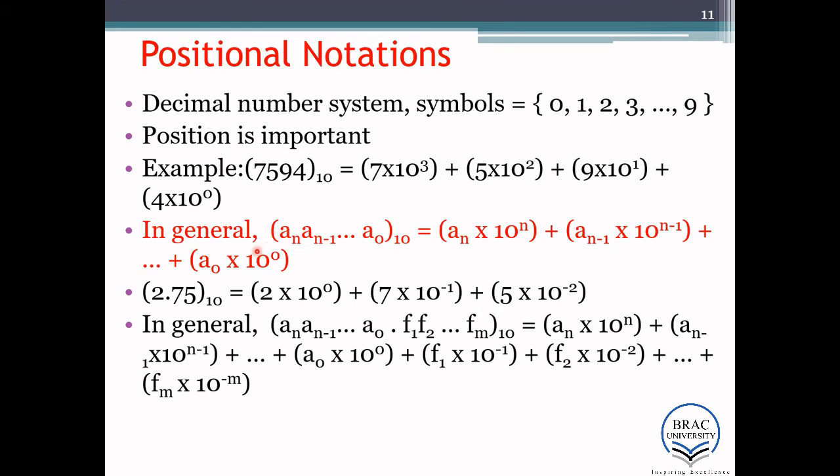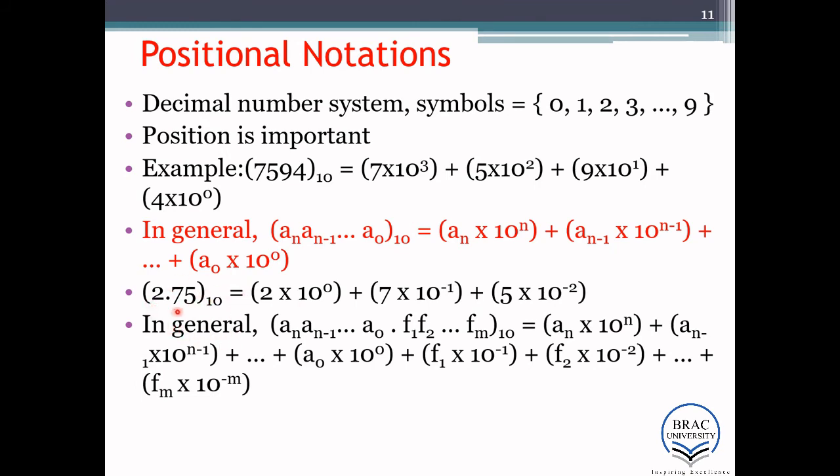So this is how a general number can be represented, and this is for numbers with a decimal point. If you have a decimal point, for example 2.75, this is a decimal number, right?